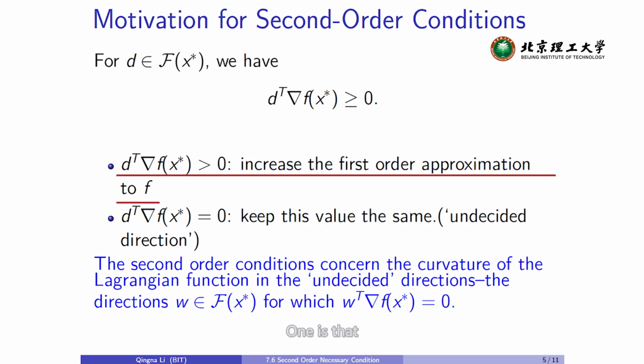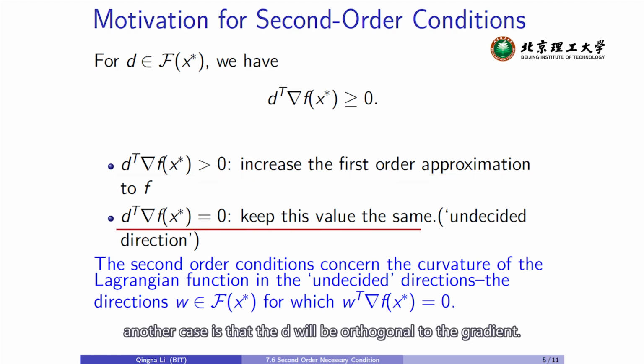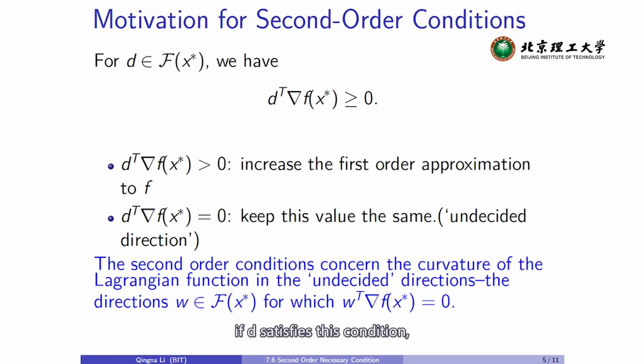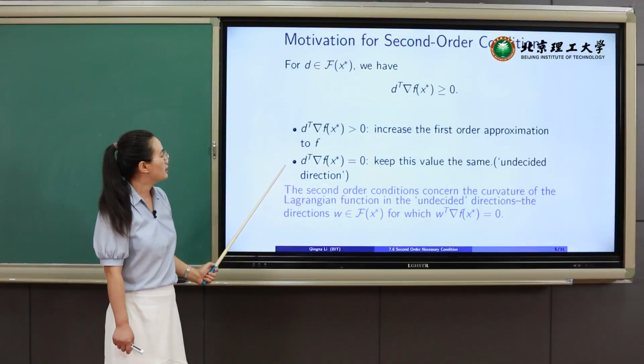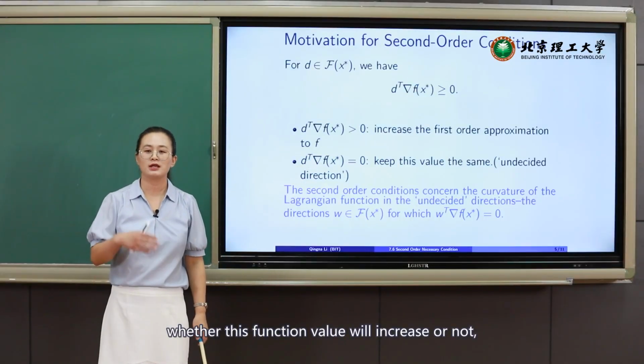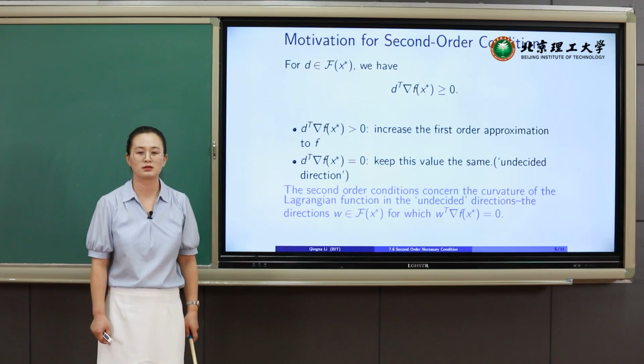One case is that d will increase the function value. Another case is that d is orthogonal to the gradient. For this case, if d satisfies this condition, then we have no idea whether the function value will increase or not, because such d is orthogonal to the gradient.